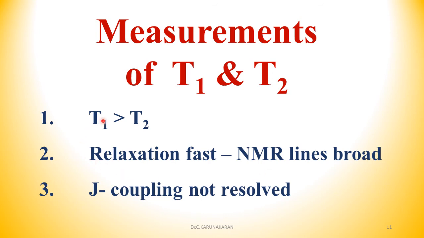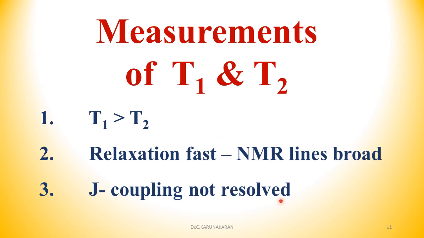If the relaxation time is short, as in the case of EPR, where the relaxation time is very short, the ESR lines are very broad. We have seen that earlier. That's why the derivative signal is measured.